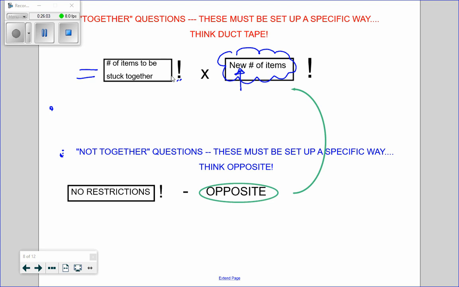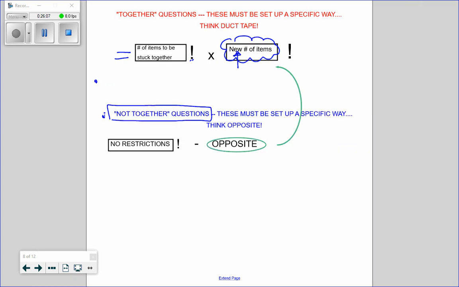Here's what I want you to visualize here for the not together questions. Let's say I take all 7 of you and I line you up in a photo. So I've got all these different ways of lining up 7 people in a photo, right? 7 factorial. 7, 6, 5, 4, 3, 2, 1.